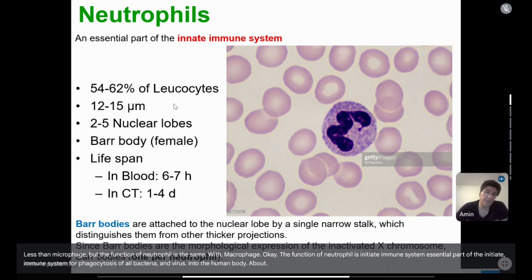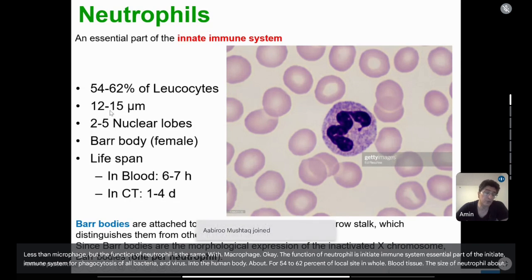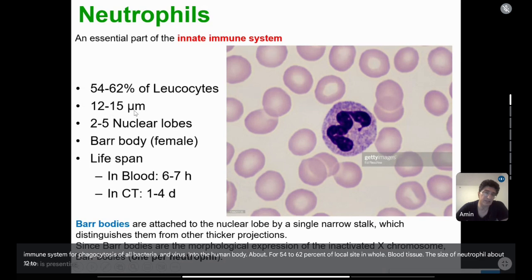About 54 to 62% of leukocytes in whole blood tissue. The size of neutrophil is about 12 to 15 micrometers in diameter. This type of granulocyte has 2 to 5 nuclear lobes.